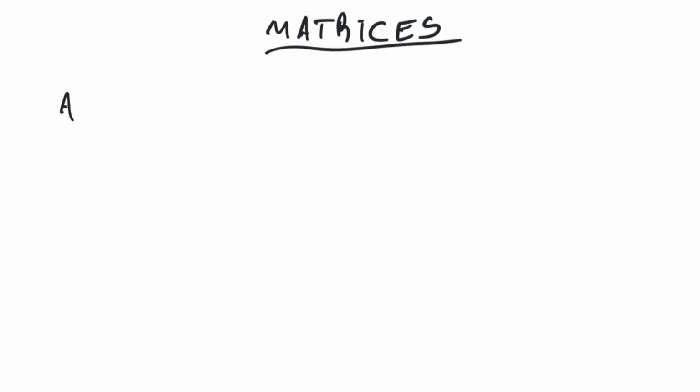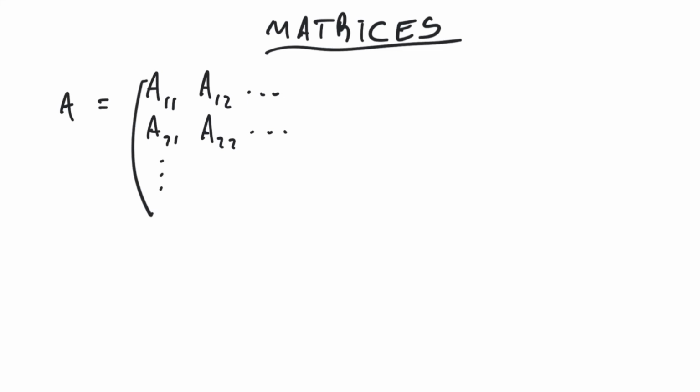Now, remember, matrices are just collections of numbers. So I can say matrix A is just A1,1, A1,2, and so on, and then A2,1, A2,2, and so on. And I can have many rows like this up to An1, ..., Anm.